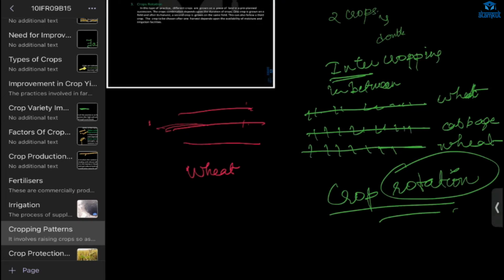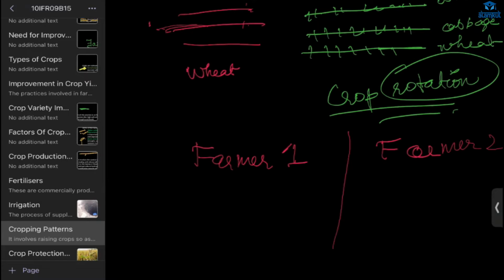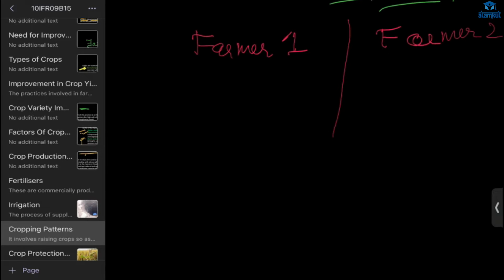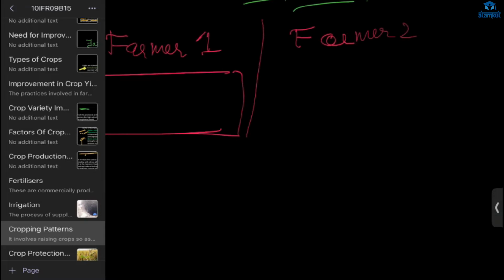Now I'm going to ask you a question. There were two farmers, farmer one and farmer two. Farmer one has a large cultivation area, and farmer two has a small plot of land for cultivation.